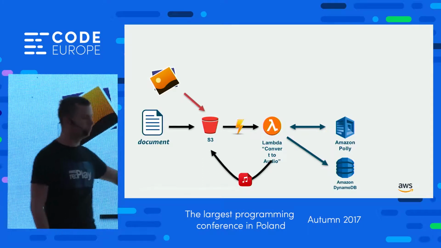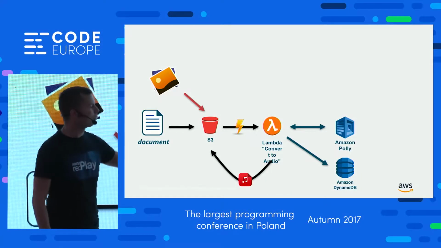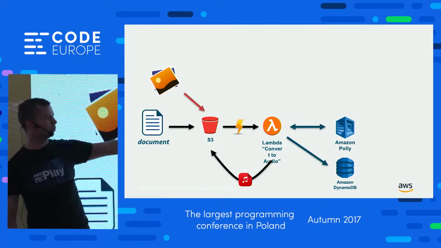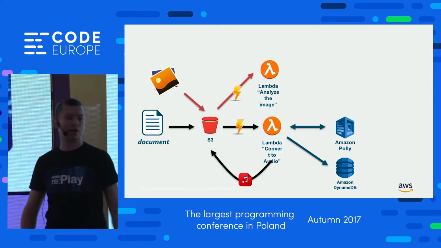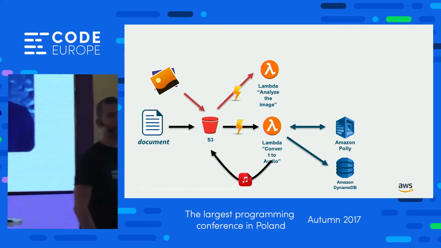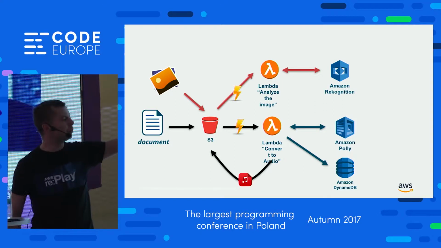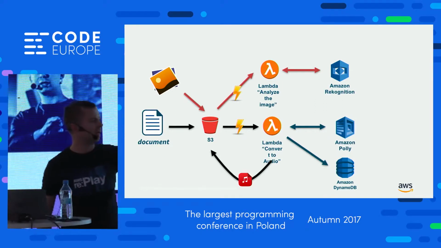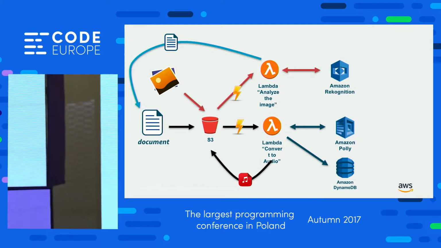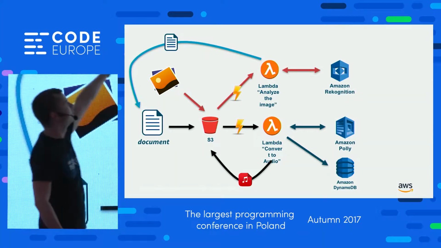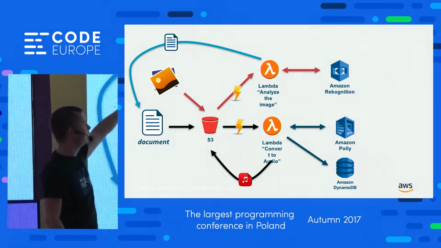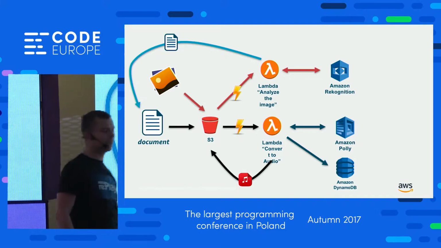Then whenever there is a new file, a picture, we want to execute a new Lambda, a new microservice, which will analyze the image. This Lambda function will be using the Amazon Rekognition service. And then it will create a file with the description, and it will be put again on S3.